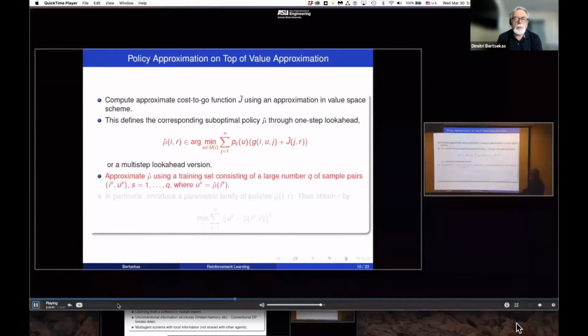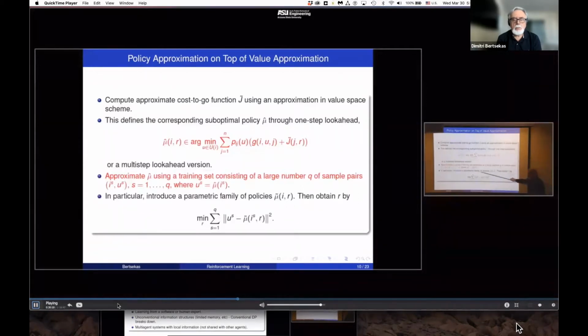How so? We approximate this mu hat by using a training set consisting of a large number of sample pairs of states and controls. We don't have to do it for every state, just for a large enough training set. And then we use approximation in policy space by introducing a parametric family mu tilde, not mu hat, mu tilde.